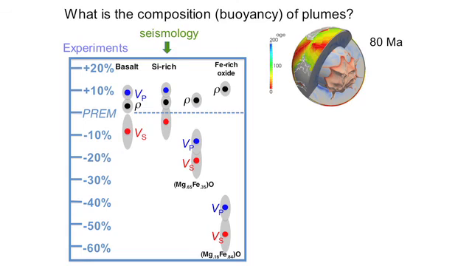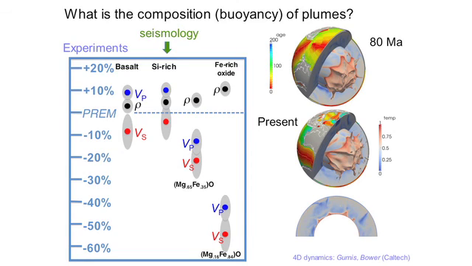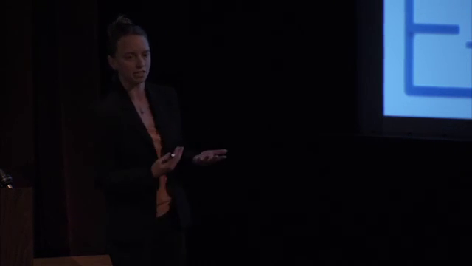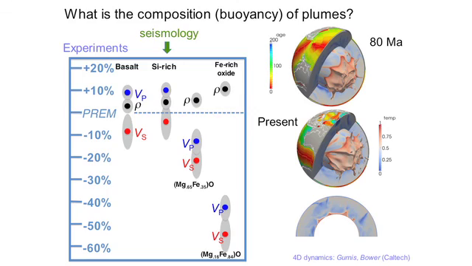which we show here as a 4D model tracking plate tectonics over 200 million years and taking snapshots at 80 million years to the present. And this is a structure underneath the Southern Pacific, which is evolving over time, which takes into consideration these density anomalies associated with the composition that we inferred seismically and from the experiments.